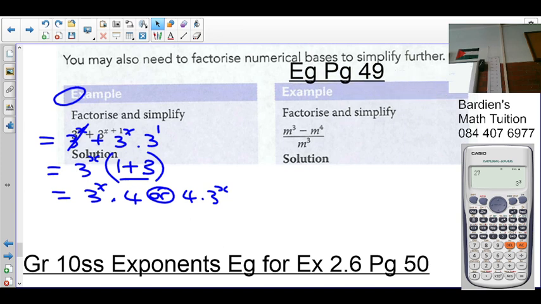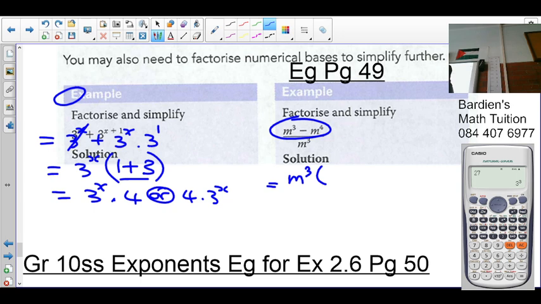Here we have m to the exponent 3 minus m to the exponent 4 over m to the exponent 3. In the numerator, what do we notice? The common factor of m cubed.